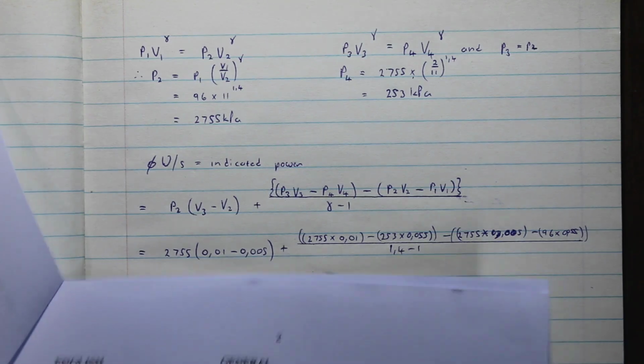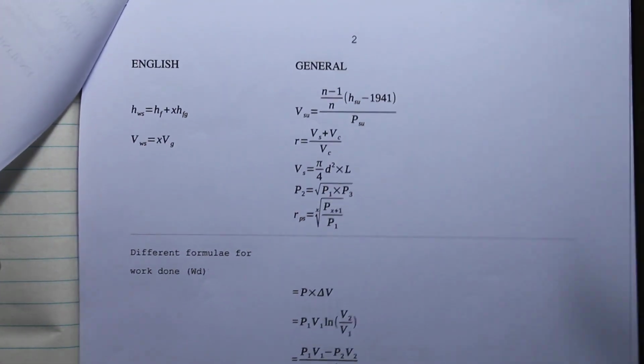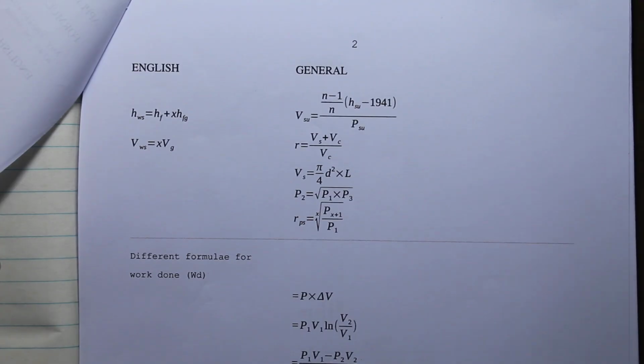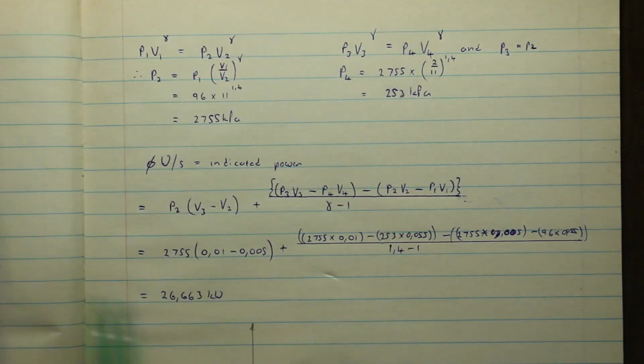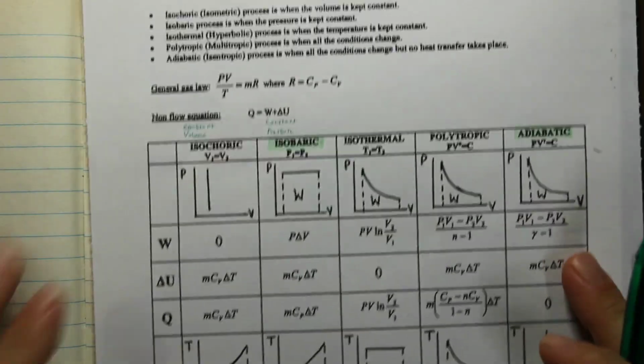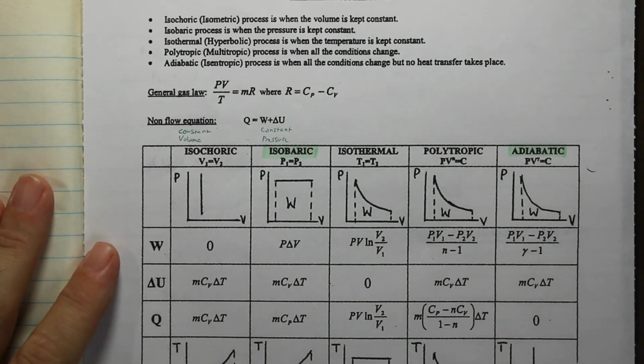So remember, for work done, go to page 2 on the formula sheet. So for work done, it's the area under the pressure volume graph, or the curve, or whatever process is on that graph. All right, and there we have the work done there. And then also I've given it to you on this gas processes sheet.